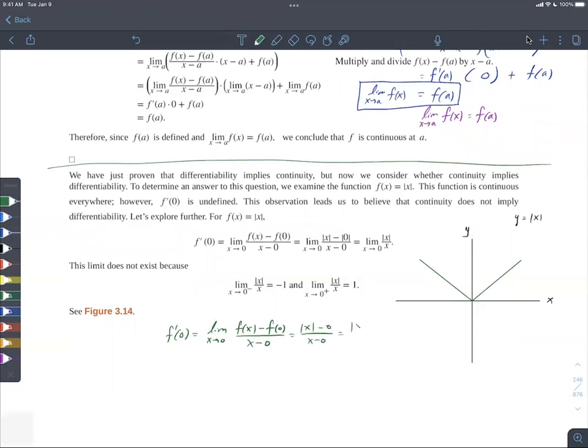So we have the absolute value of x over x. And my notation is sloppy here. I should have put a limit: the limit as x approaches 0.